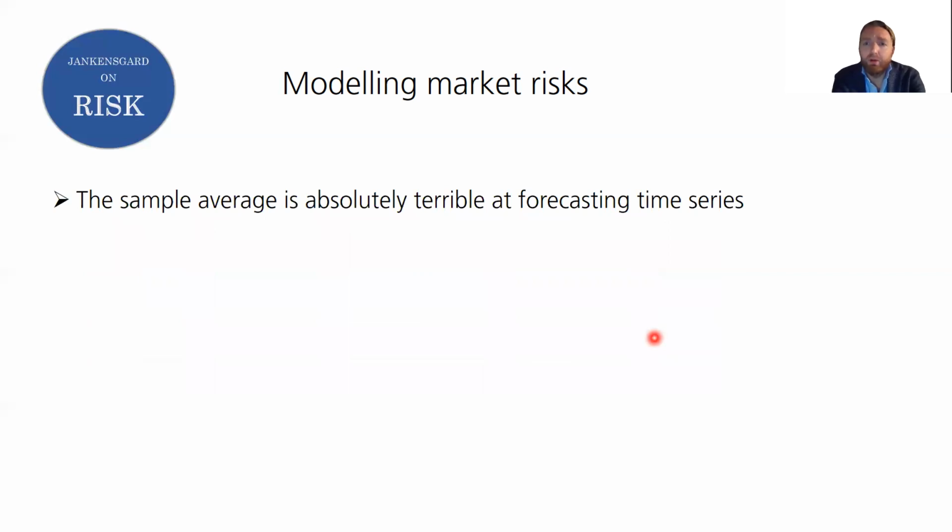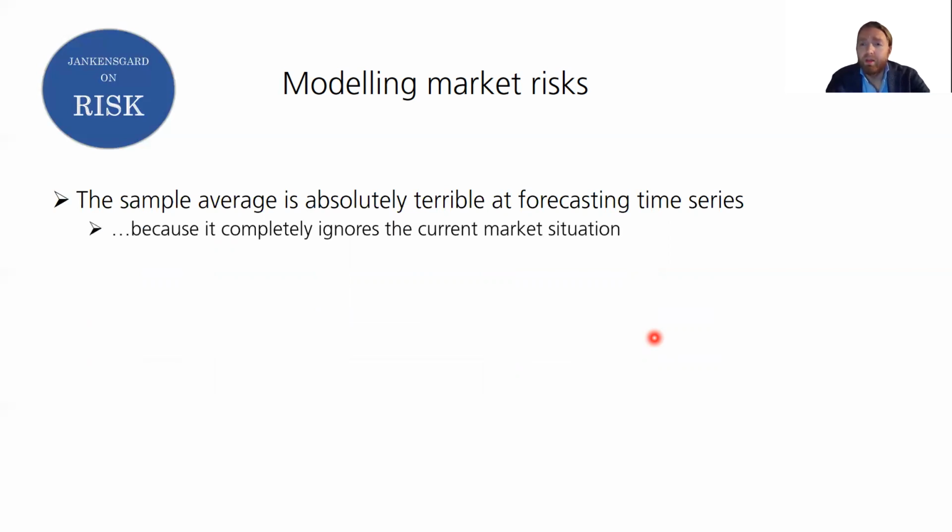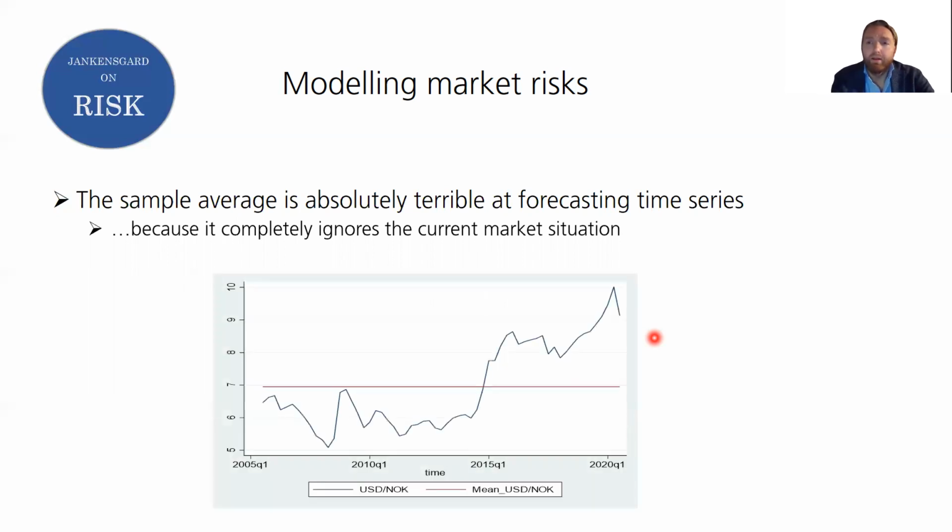And we have to conclude, it's inevitable, actually, that the average is a terrible predictor. We're going to generate these fairly massive errors consistently if we do that. And the reason is that this approach completely ignores the current market situation. Whatever the current value of the exchange rate is, we're going to still use the mean, right?